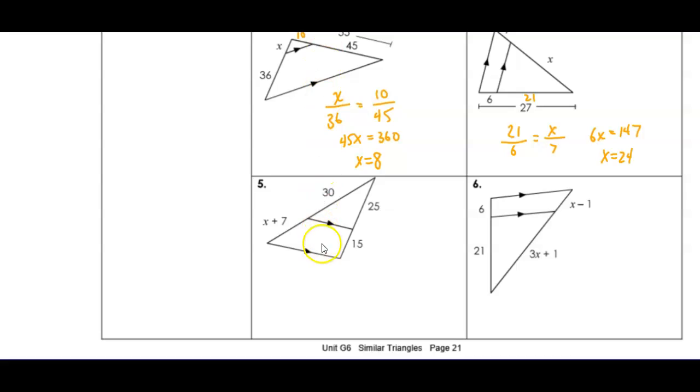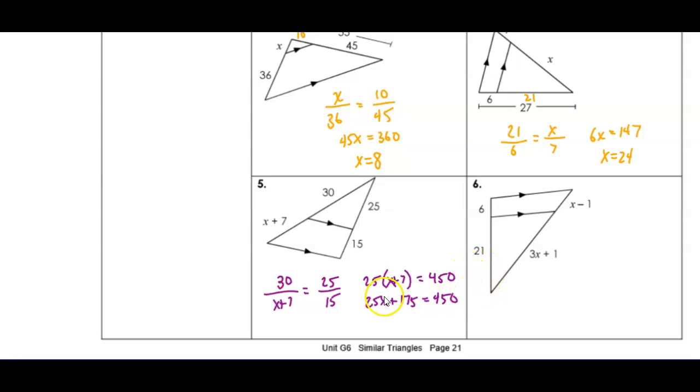All right, so for number 5, we should have 30 over x plus 7, and we should have 25 over 15. So I have a cross product here now, so it's 25 times x plus 7, and it's 30 times 15, which is 450. So if I multiply here, I have 25x plus 175 equals 450.